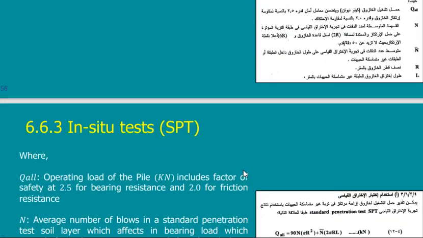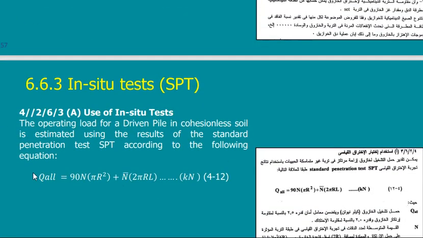So this equation is used for driven piles. But if I want to get the Q allowable of bored piles, then I should take this number, divide it by 2, or maybe not divide it by 2, take it as it is. It depends on the case, because not all bored piles are the same.